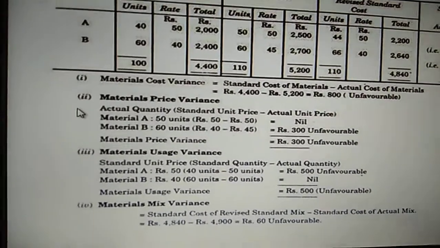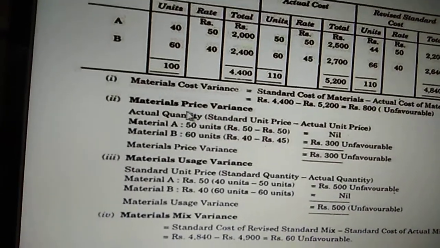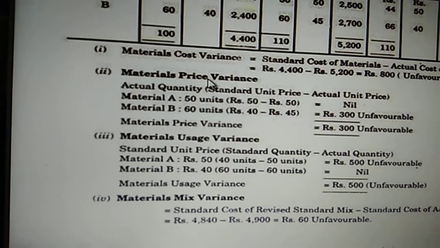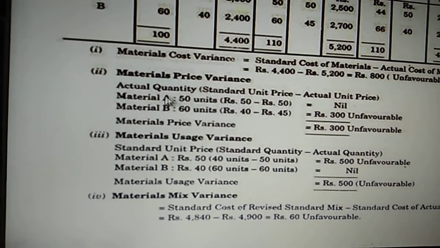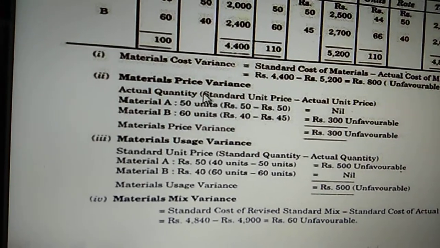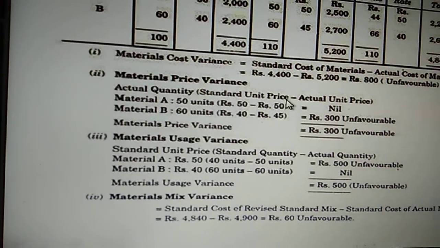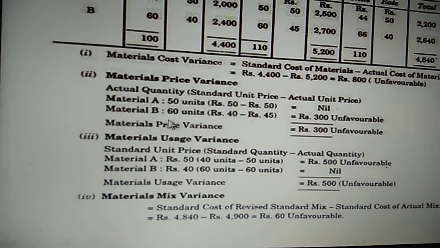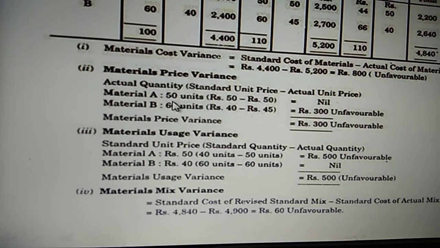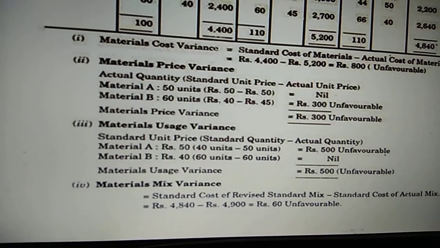Now we'll go to the second one, material price variance. Actual material price variance can be calculated using this formula: actual quantity multiplied by the difference between the standard unit price and the actual unit price. For material A, the actual quantity used is 50 units, as you can see in the table.